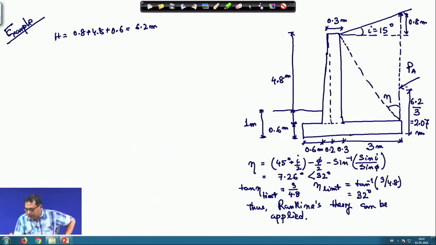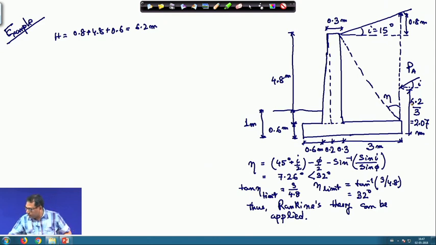Okay. So, as I mentioned, P A for the Rankine case is always parallel to the backfill. So, here it will also act at an angle of i equal to 15 degrees with the horizontal. And this is H by 3, H is 6.2 meter.